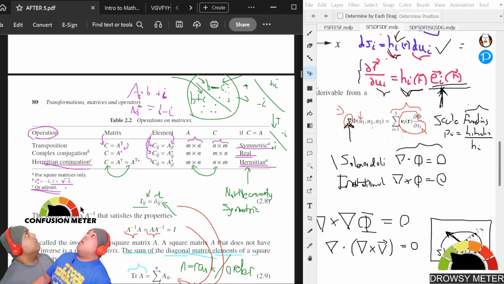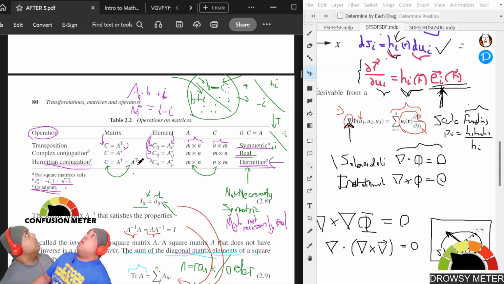Alright, maybe not necessarily real as well. So if it's not necessarily symmetric and it's not necessarily real, what is Hermitian?